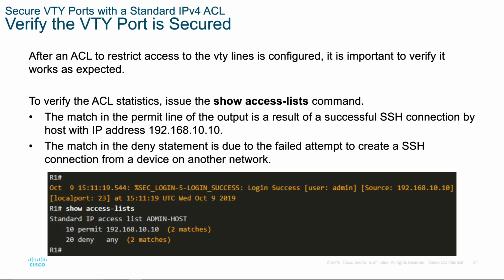So if we have a look at what's going on router 1, we will see that a login was successful, and then you would see the matches for each line. So because you've got the deny any statement at line 20 with 2 matches, it means somebody else has attempted to connect and has not met the criteria.